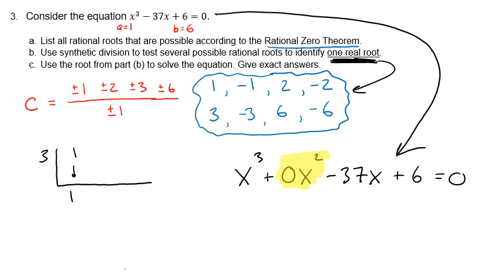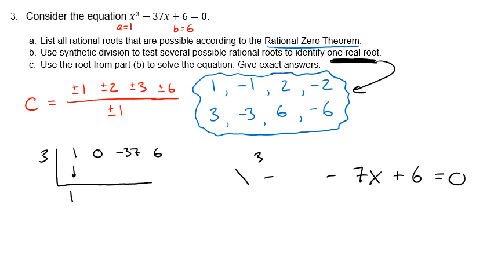So if we write 1 and then a -37 and then a 6, that doesn't mean the same thing as the original equation. So we've got to do a 1, a 0, a -37, and a 6. Okay, let's get rid of this. Now we can do our synthetic division.